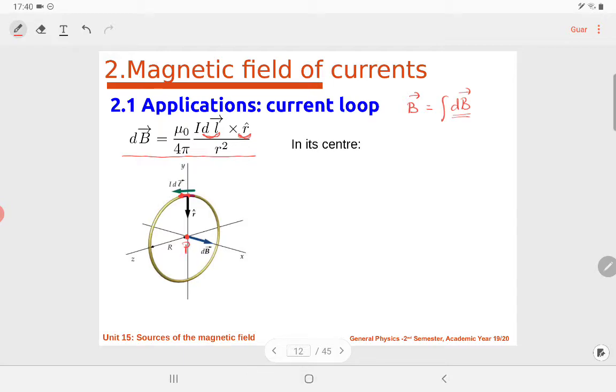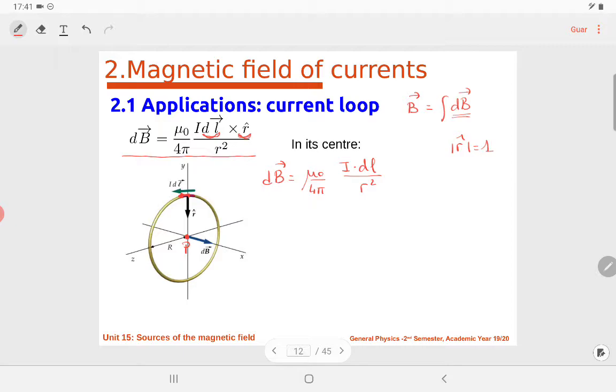So we can just say that the magnetic field provided there is going to be mu sub 0 divided by 4 pi I dl over r squared, because you know that the cross product magnitude is equal to 1, because it's a unit vector.